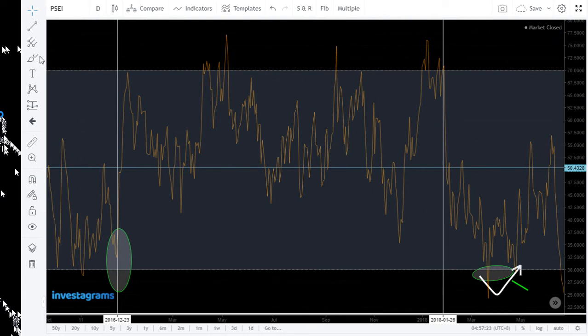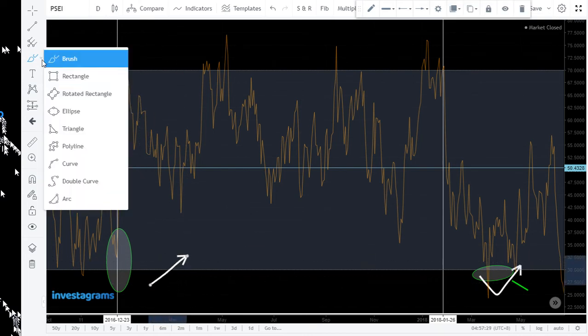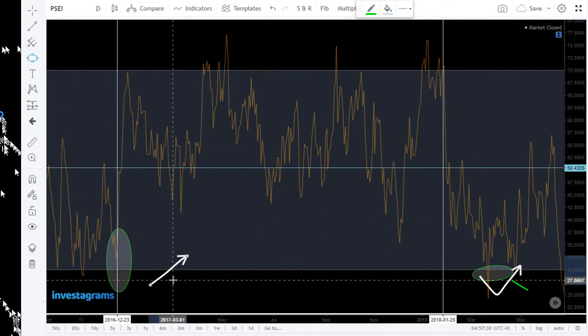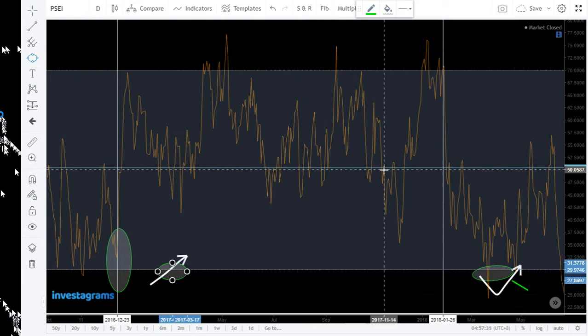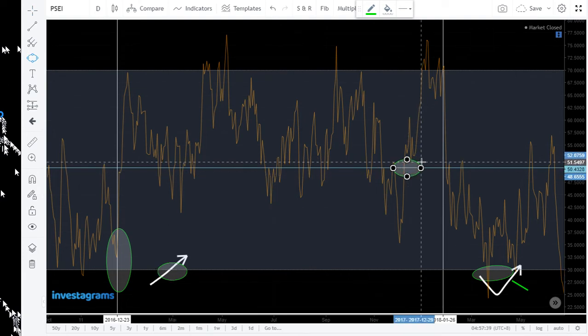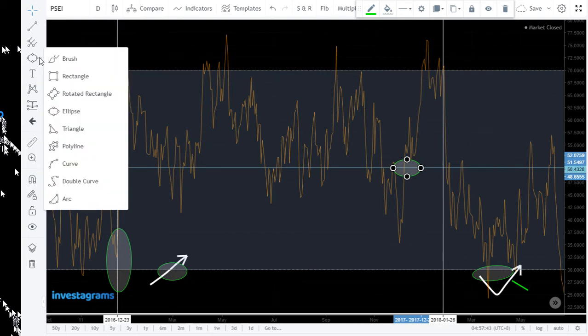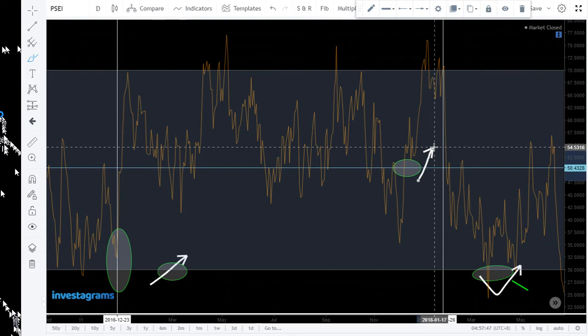So when a particular stock or indicator pierces the oversold level, you have to consider mabilisan ng yung buy signal. And when it also touches the indicator line, pierces up the 50 level, you have to consider also a buy entry.